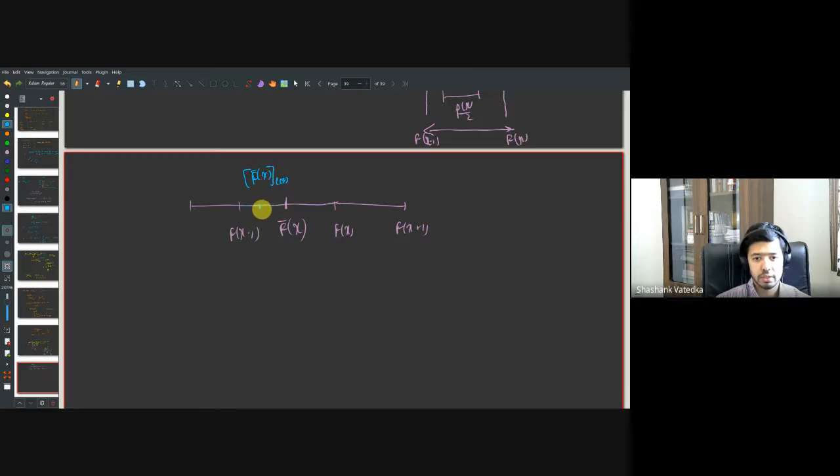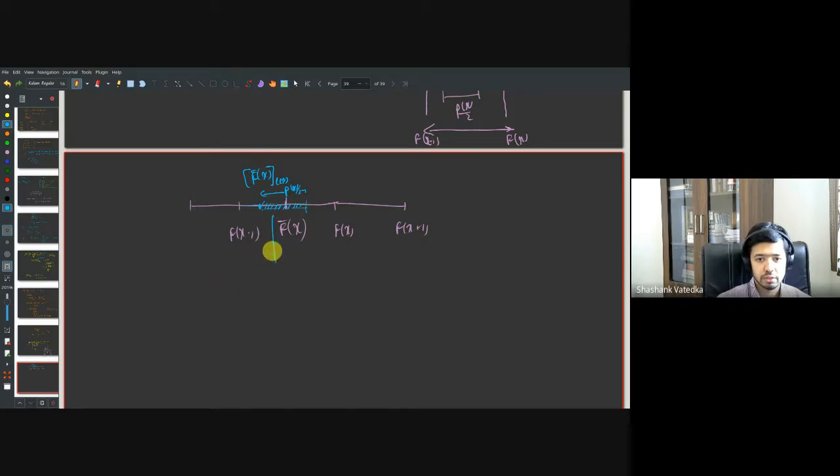All these sequences are going to lie within this interval, and the length of this interval is p of x by 2. So these are all the bad sequences. We want to make sure that no other code word lies in this particular interval.